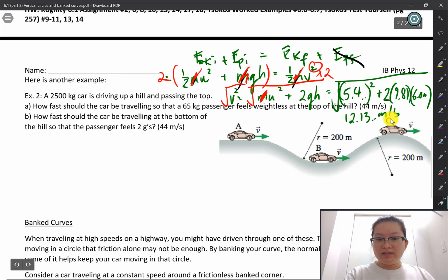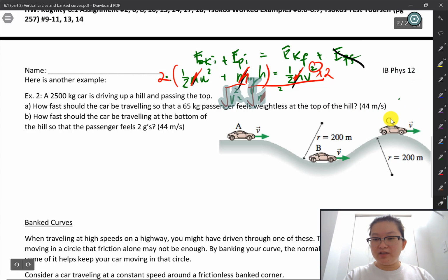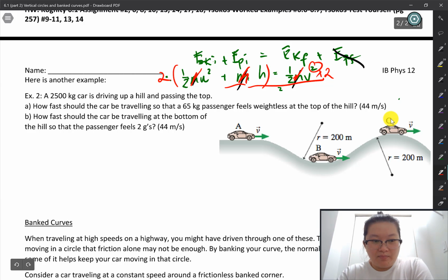Okay, so I'm going to erase a few things here from the previous video so we have a little bit more space. The first thing we're going to do is draw the free body diagram on all of these cars, which will start with the car here at the bottom. We are told the radius of the circle, so the curvature of the road. That way we can work out some circles there.